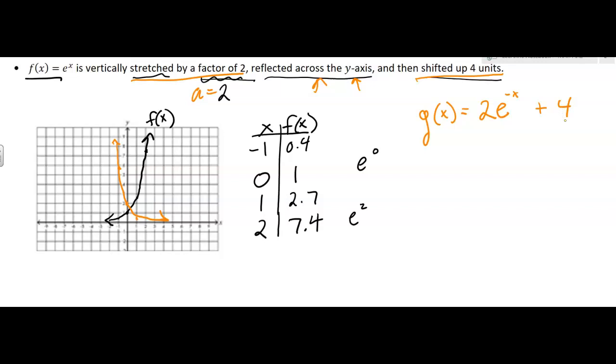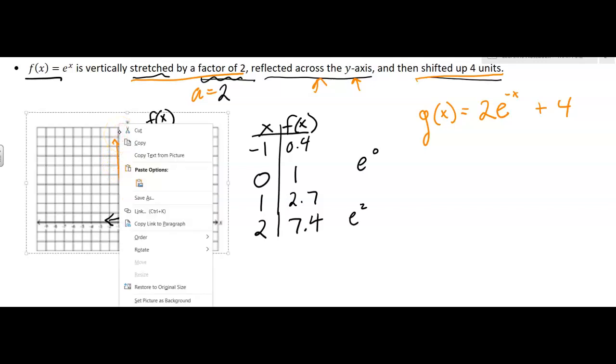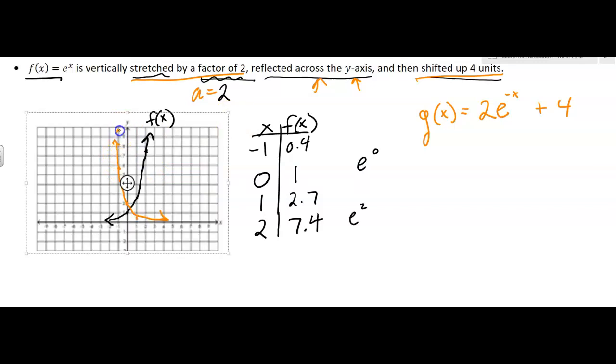Oh, I didn't shift it up 4 units. Okay, so I forgot to shift it up 4 units. So it'd be like up here. I'd have to redo all these points. And then it'd be up here at 6. And then I'd go up here at 1, 2, 3, 4. It's going to be a little bit above there.